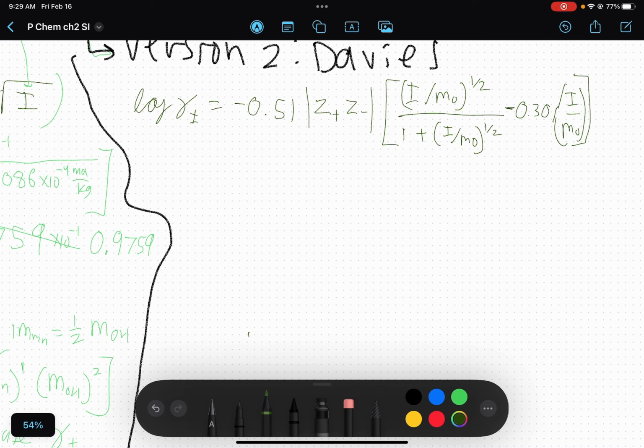Cool. Don't forget that M naught. Let me write that in a different color. I believe molality is also written like that, with the little m looking.